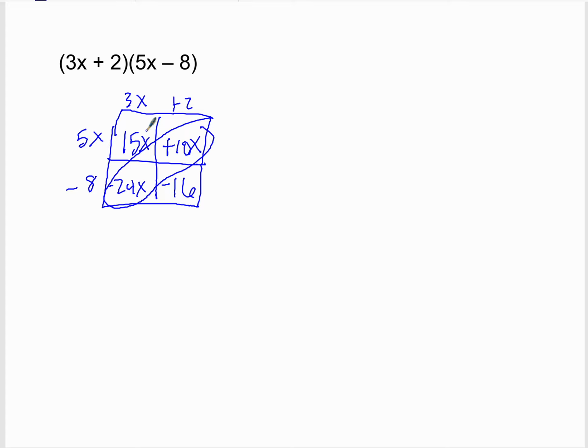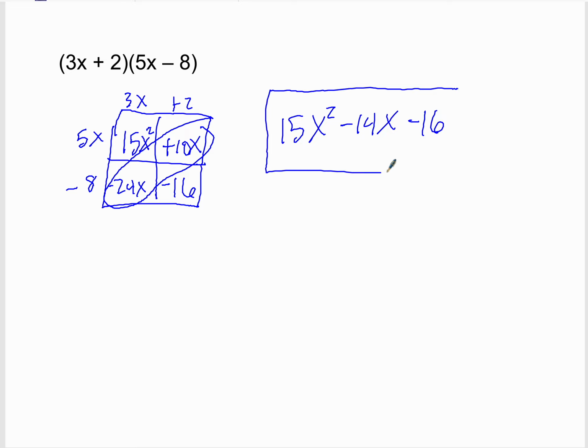So that should have been squared, I didn't do that. 3x times 5x, 15x squared. So it's 15x squared minus 14x minus 16. And so this box or table method was very handy for us, multiplying some of these expressions so that we could find our final trinomials.